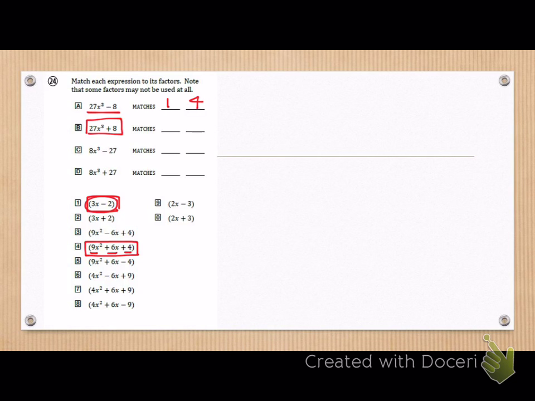Now, this one here, if you notice, I'm going to change colors. This one here is plus in there, so this is going to be the first one that it goes with. And then this one is what it hangs out with. So it's still squared and multiply, but it's also a different sign.